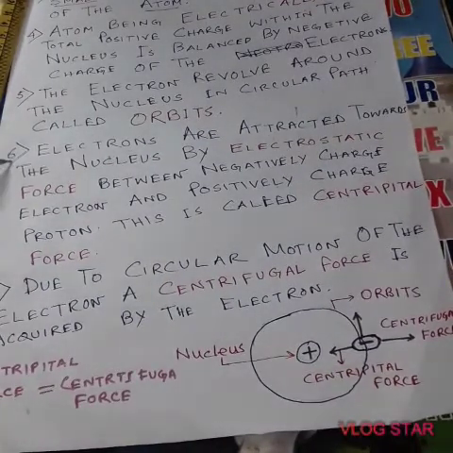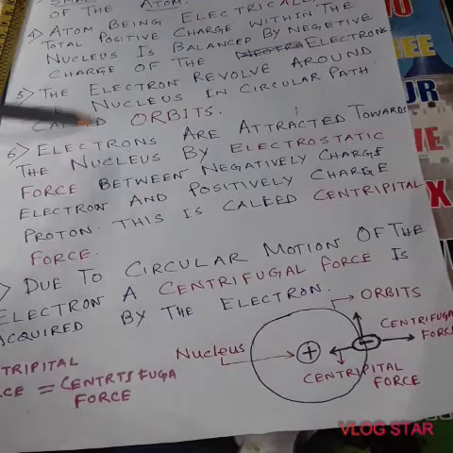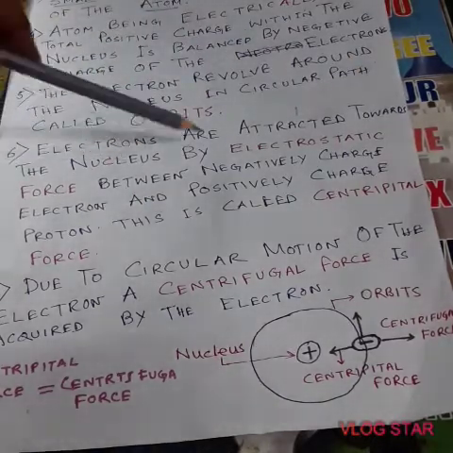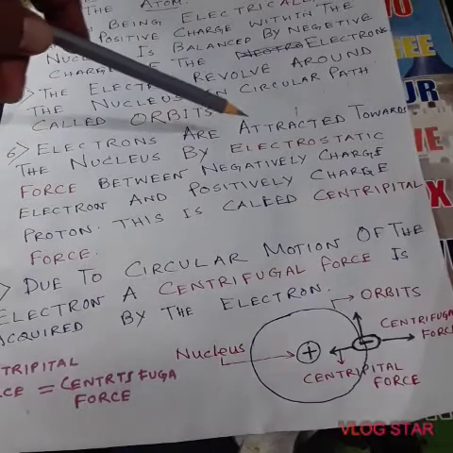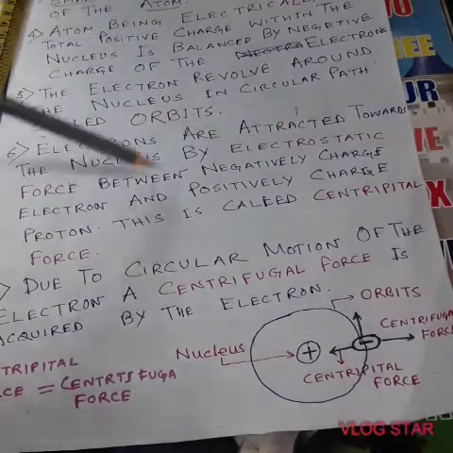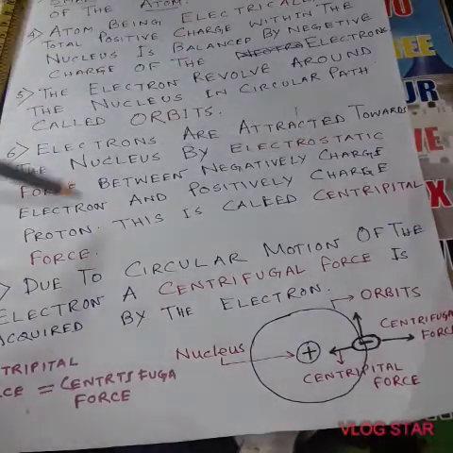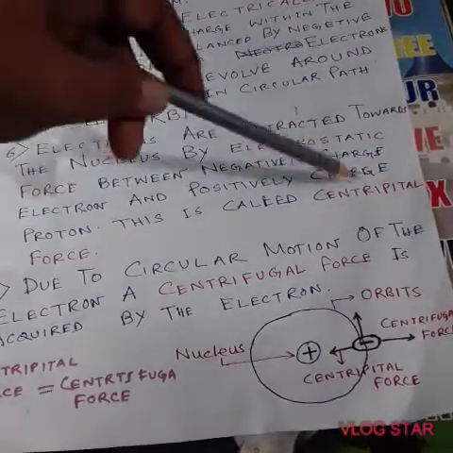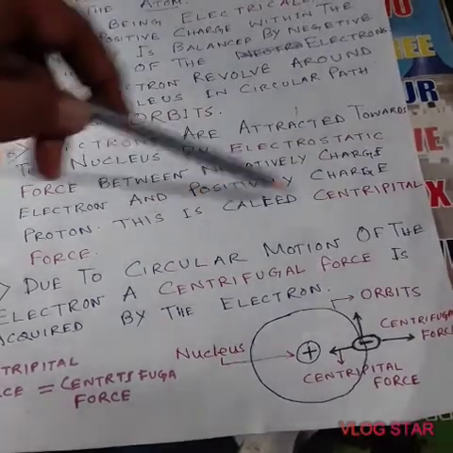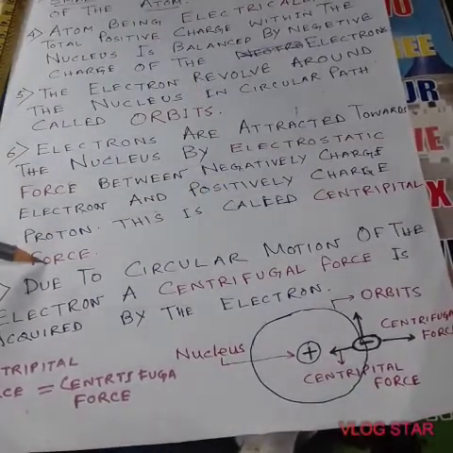Next we come to the sixth point. Electrons are attracted toward the nucleus by the electrostatic force between the negatively charged electron and the positively charged proton. This is called centripetal force.